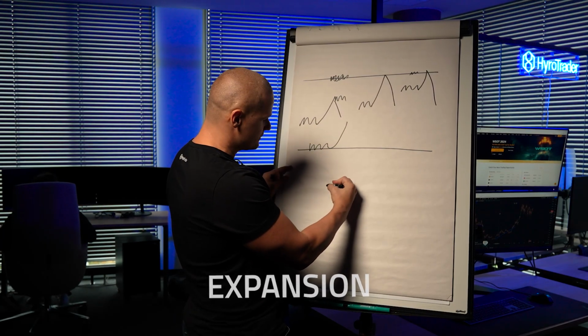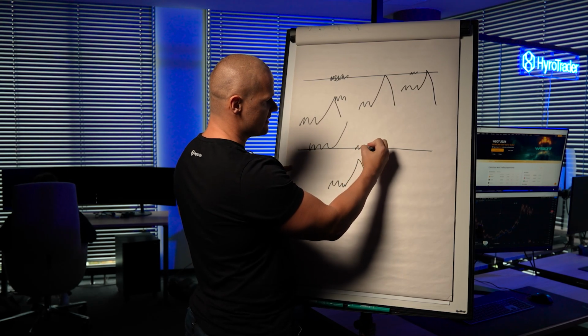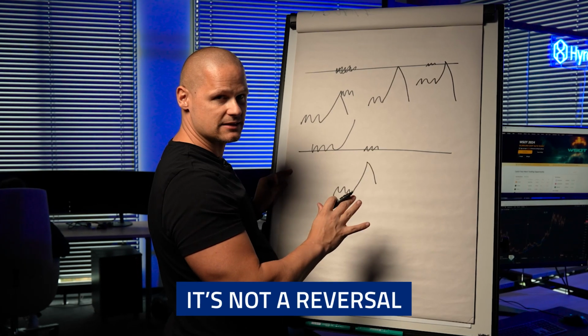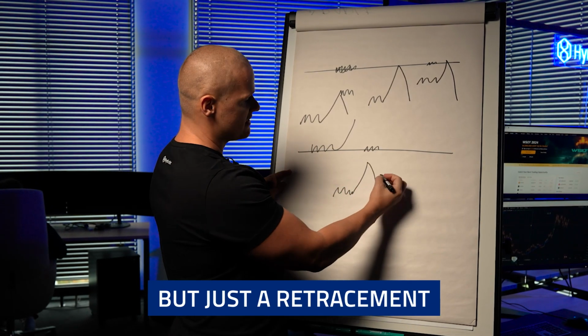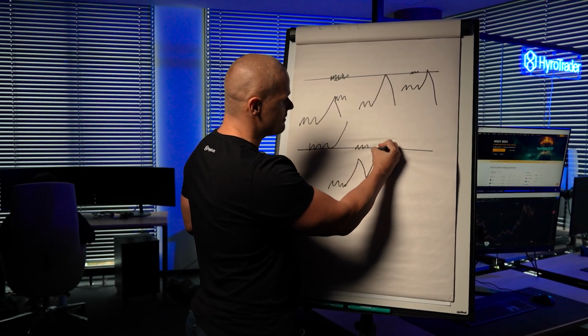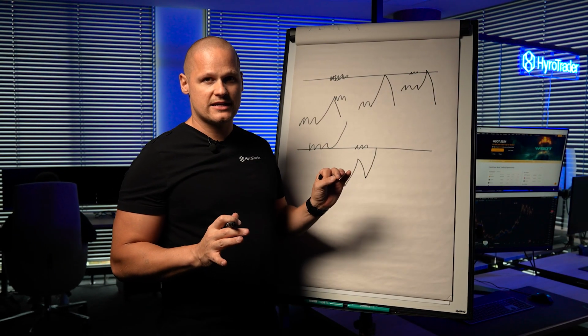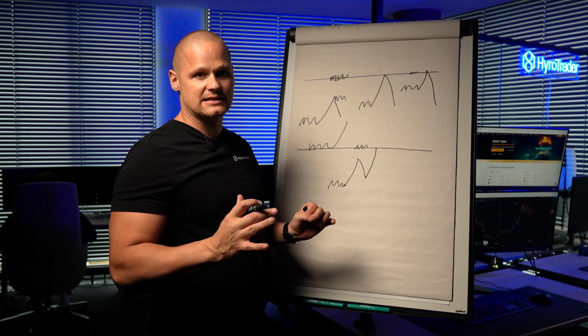Then if the market is moving, expansion, then you're getting a reversal but not on the key level, then it's not a reversal but just a retracement, which will be followed by another expansion to the level, right?